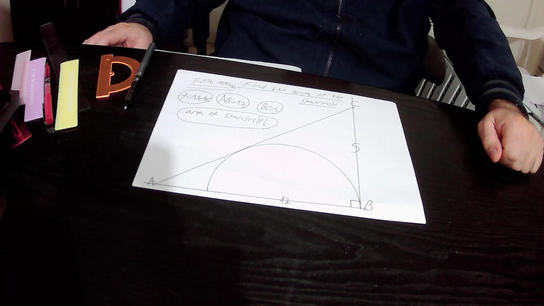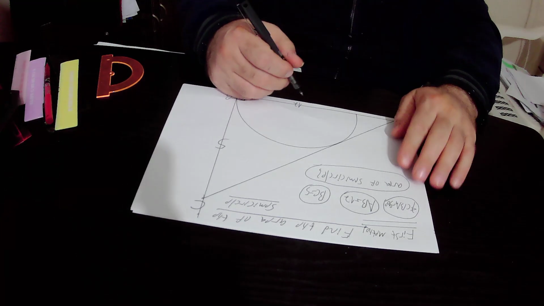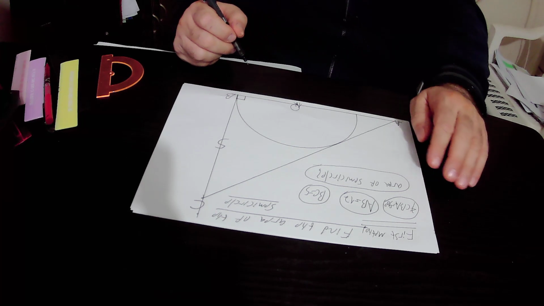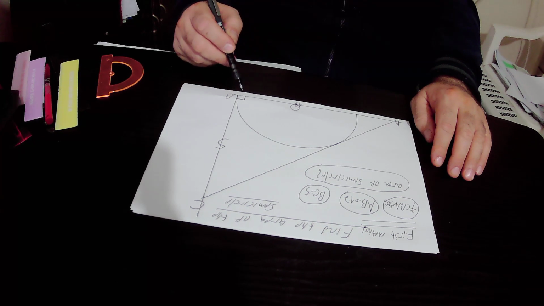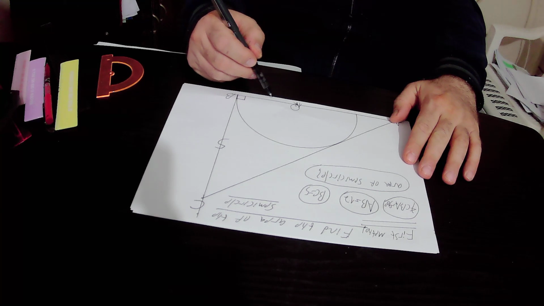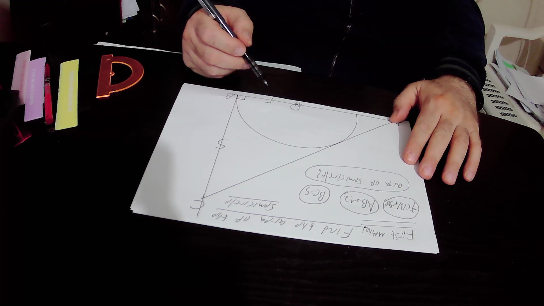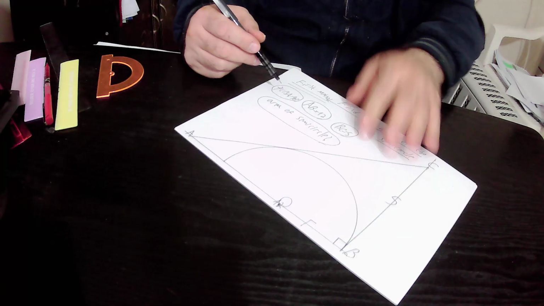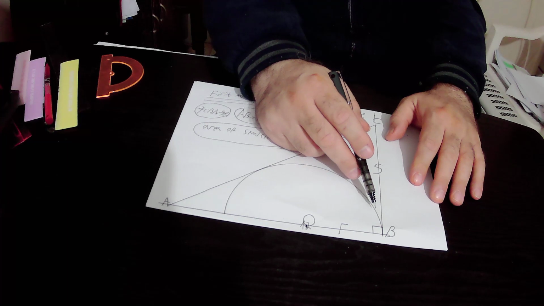First of all, we will define the center of this semicircle as point O. Therefore, OB will be the radius of this semicircle, so we'll define it as R. Line segment OB starts from the center of this semicircle, that is to say from point O, and ends at point B, that is a point on the semicircle itself.